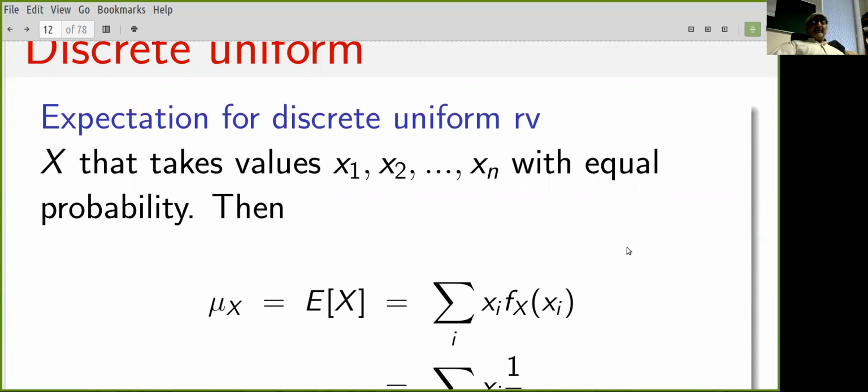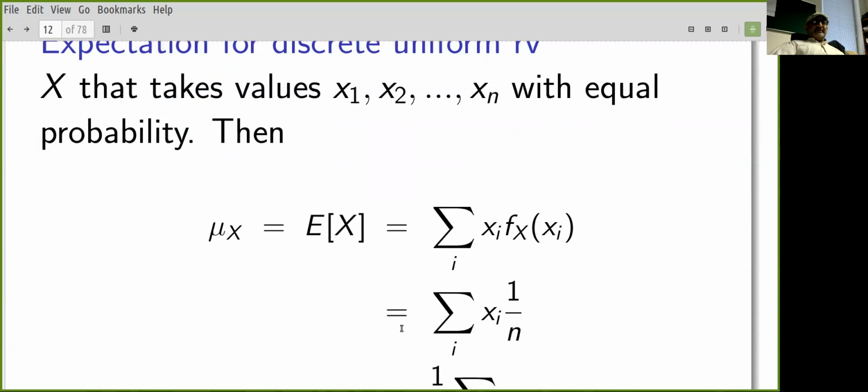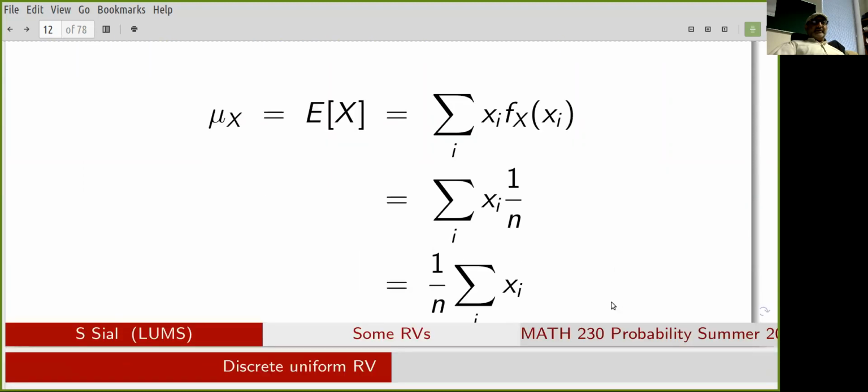So if you have n allowed values with equal probability, then this is the summation over i of xi times 1 over n. n is a constant, so you can pull that out. So that's 1 over n times the summation over i of xi. So the expectation is the average of the allowed values that the random variable x can take, if they're all equally likely.